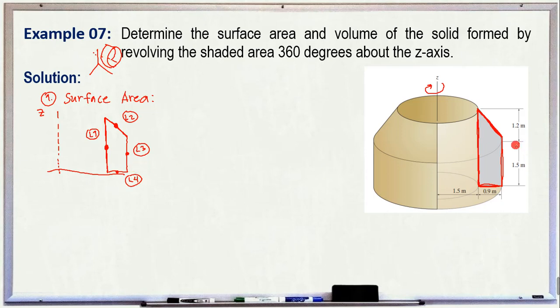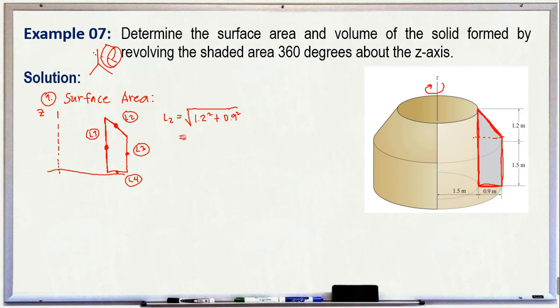Now, from the figure, the second line, which is this slant line, is not defined. So we will set L2 here equal to the hypotenuse. We can make a line here, so it becomes a triangle. So therefore that is the square root of the height of this triangle, which is equal to 1.2 squared, plus the base, that is 0.9.